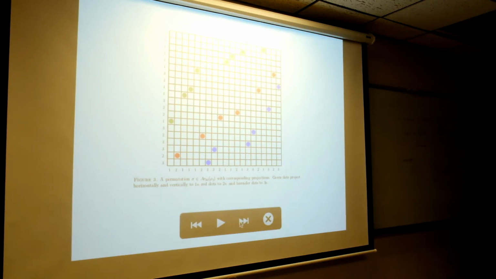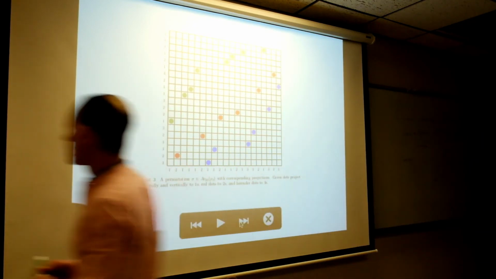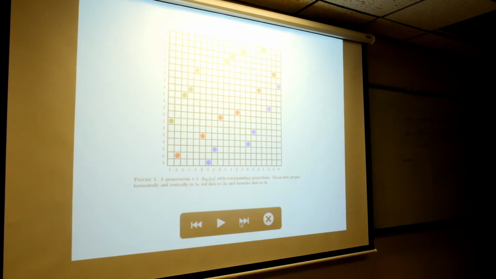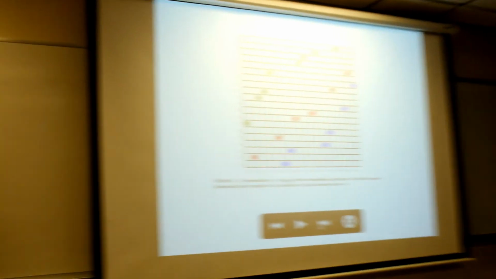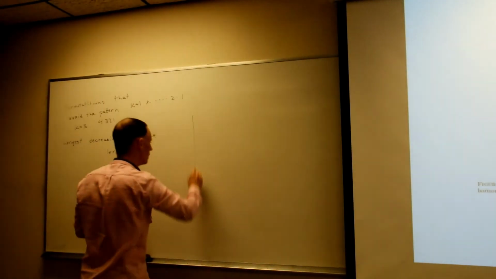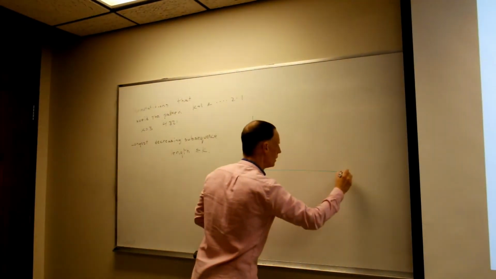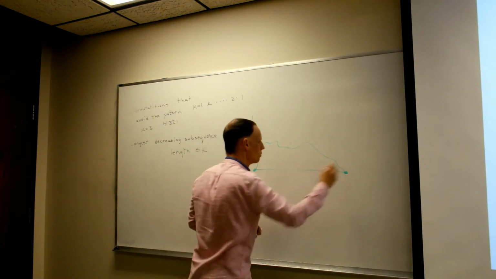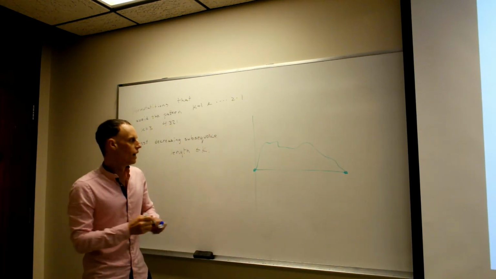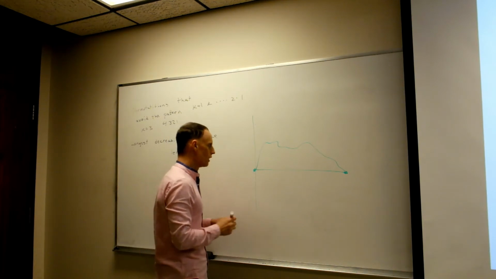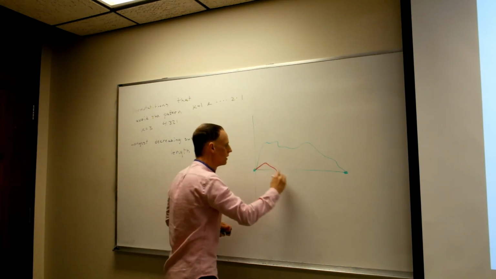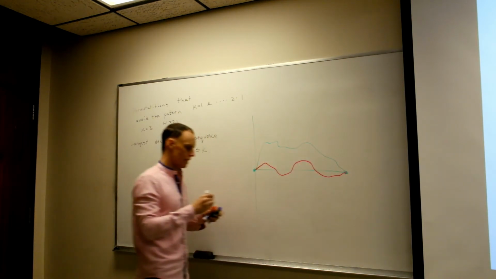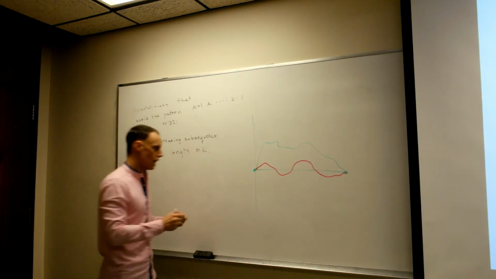When we do this, I get some green path on top. And then the middle ones were the reds, and I get something like this.